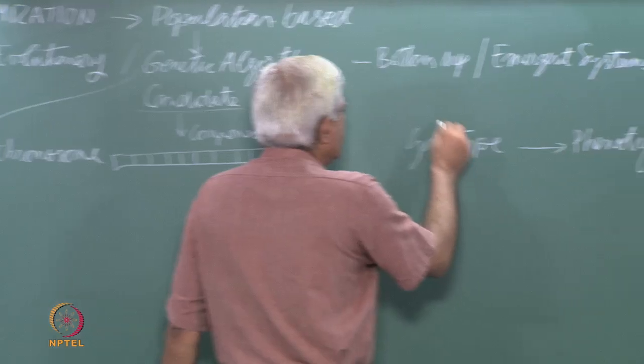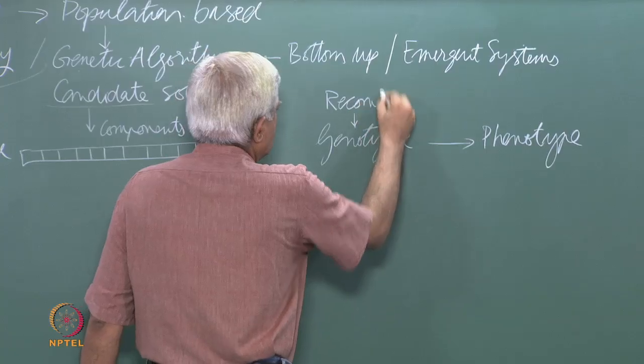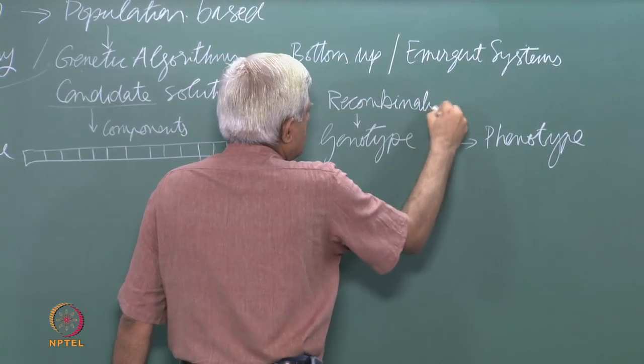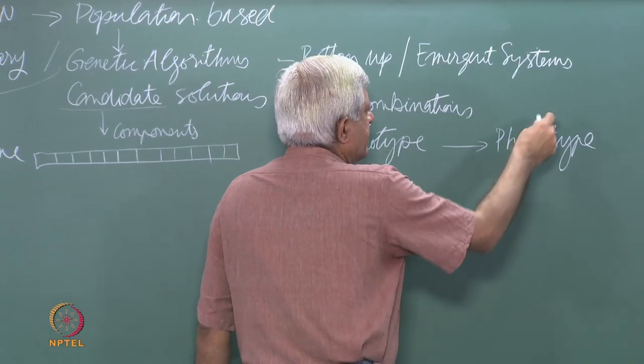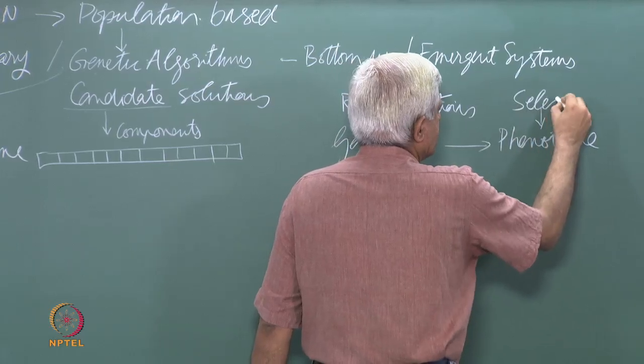So, in genotype we look at recombinations, and the phenotype competes and participates in selection.